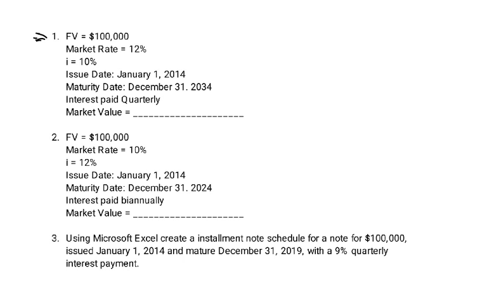The issue date is January 1st of 2014, and the maturity date is December 1st of 2034. And interest is going to be paid, we're going to change this, we're going to pay it yearly so it fits the time value of money table that I have.